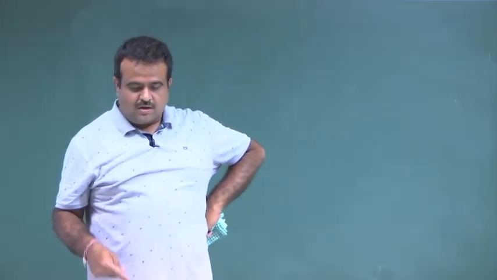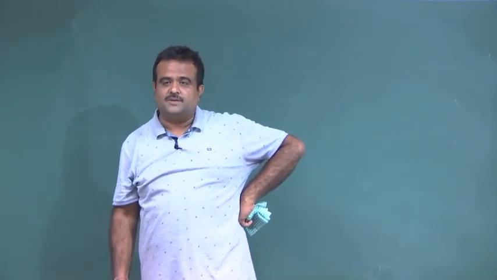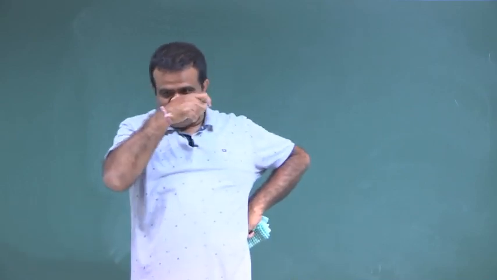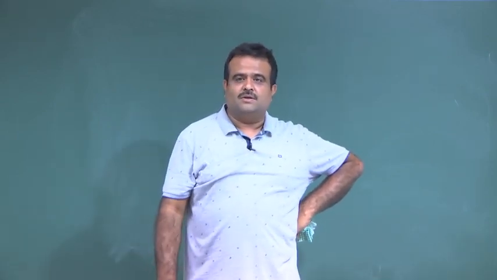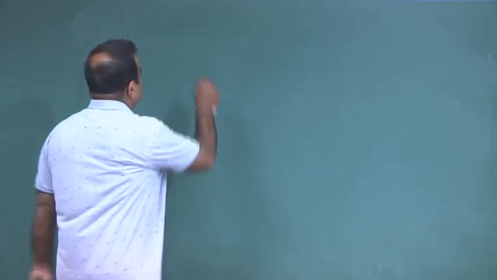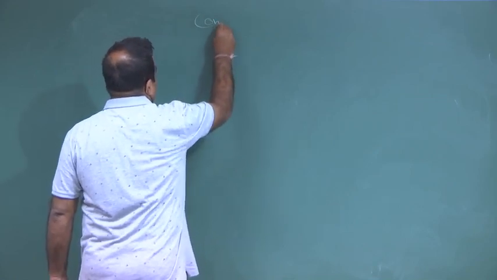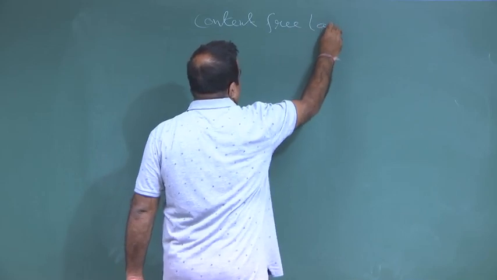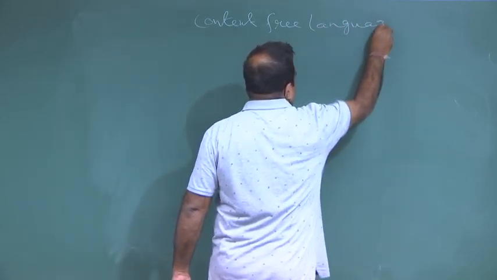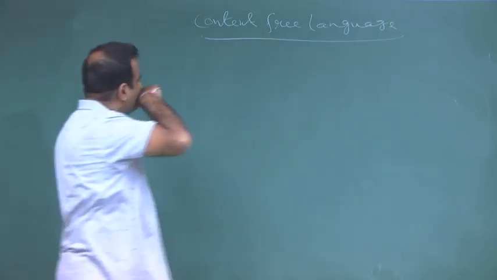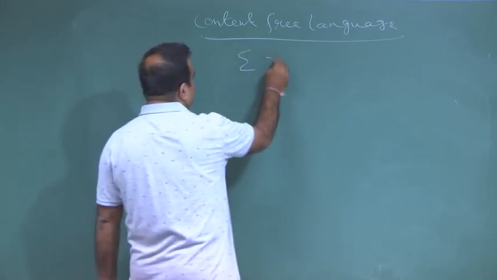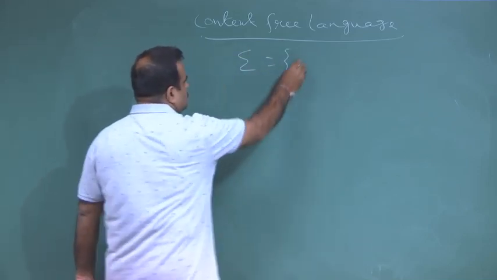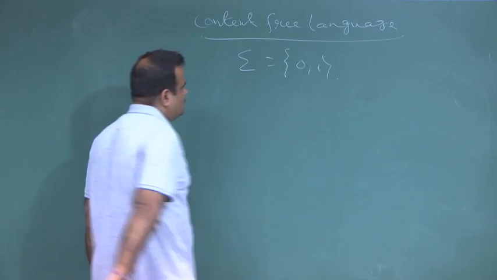Okay, so we are taking an example of the context-free grammar, context-free language. We are saying that if a language is a context-free language or not. Basically we are given terminals, which could be 0 1, A B, or A B C 0 1 2.